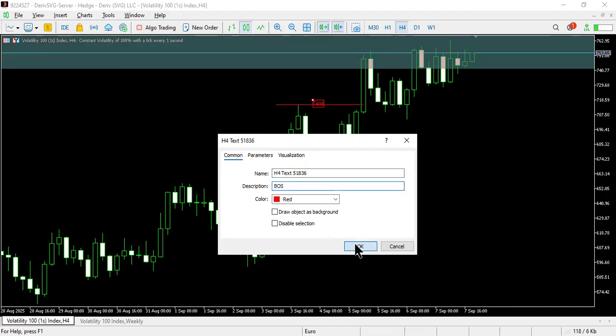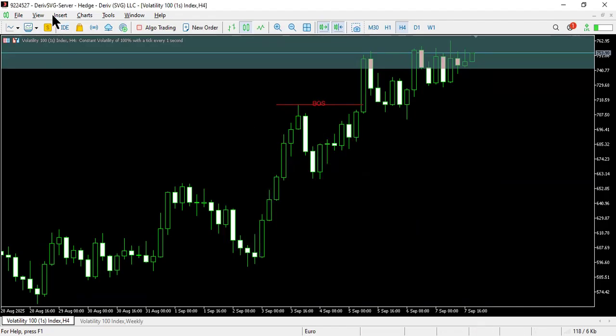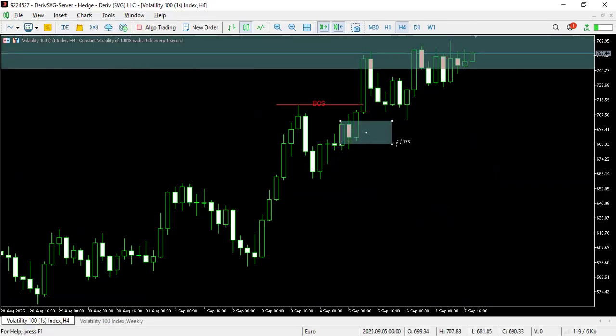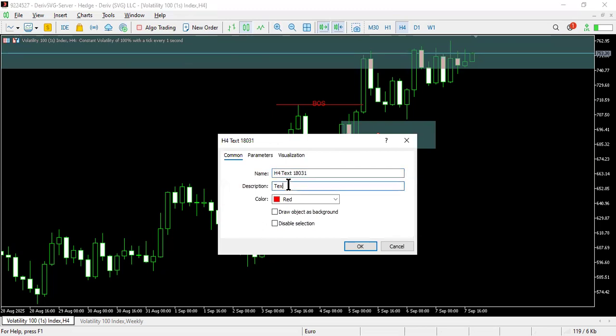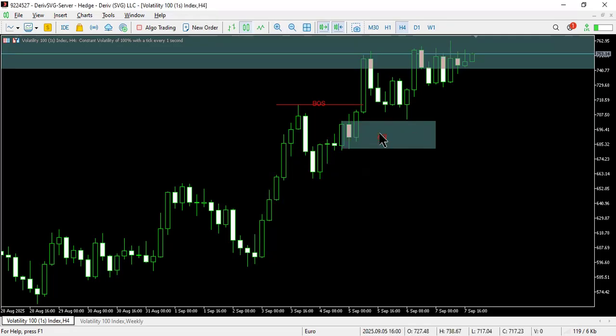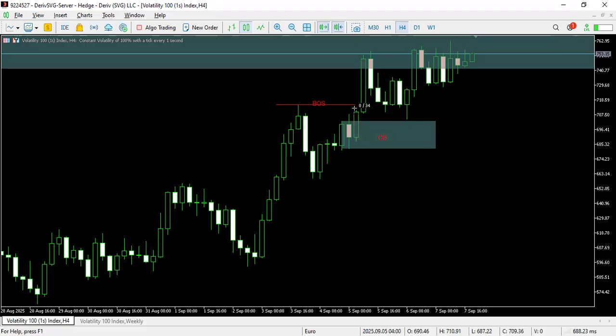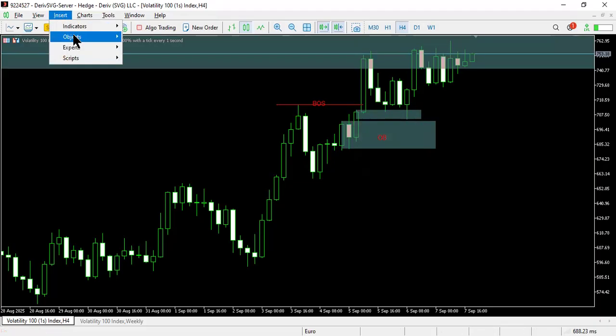That was the break of structure, and that is our order block. However, price did not react from that order block. Instead, price reacted off the fair value gap, the FVG.